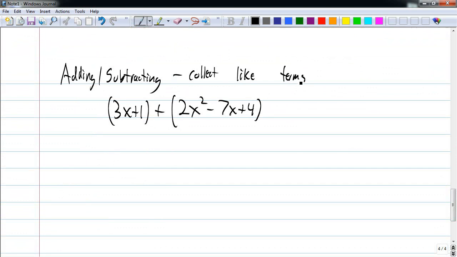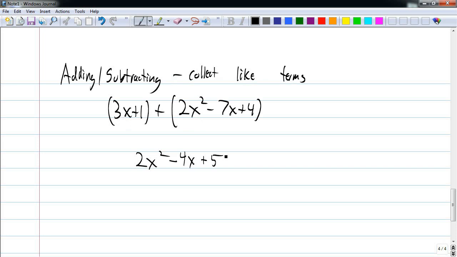Okay. The 2x squared has no friends, so it's all alone. 3x minus 7x is negative 4x, and 1 plus the 4 is 5. Okay, and there we go.